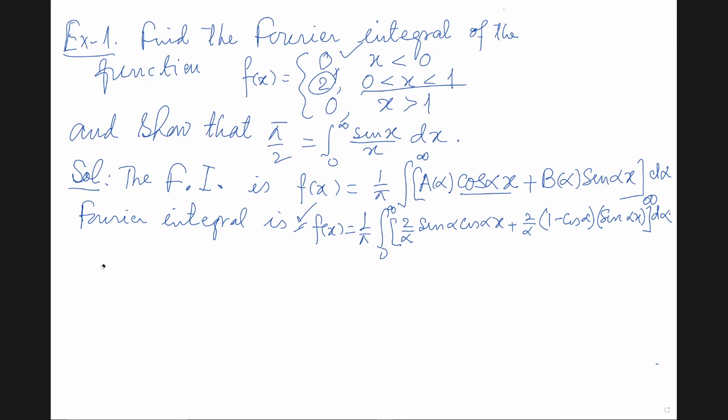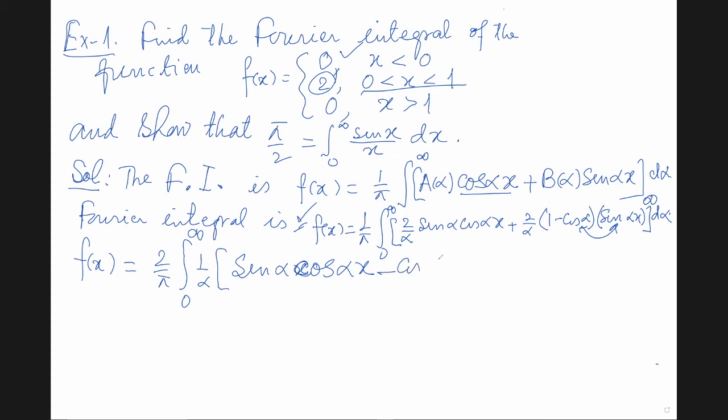So what is this? f(x) is equal to the integral of 1 over alpha, sine alpha cosine alpha x. I will add this first, minus cosine alpha sine alpha x, and the last term is sine alpha x.